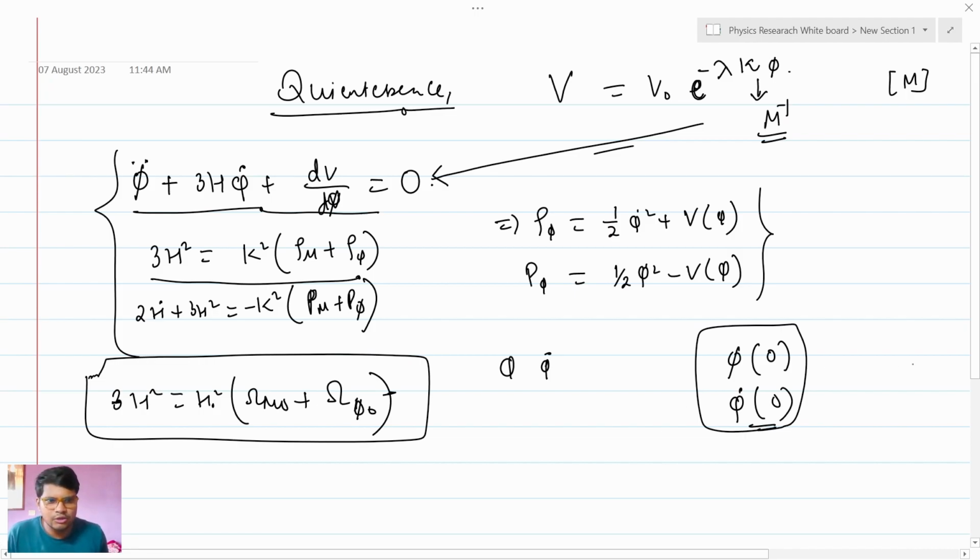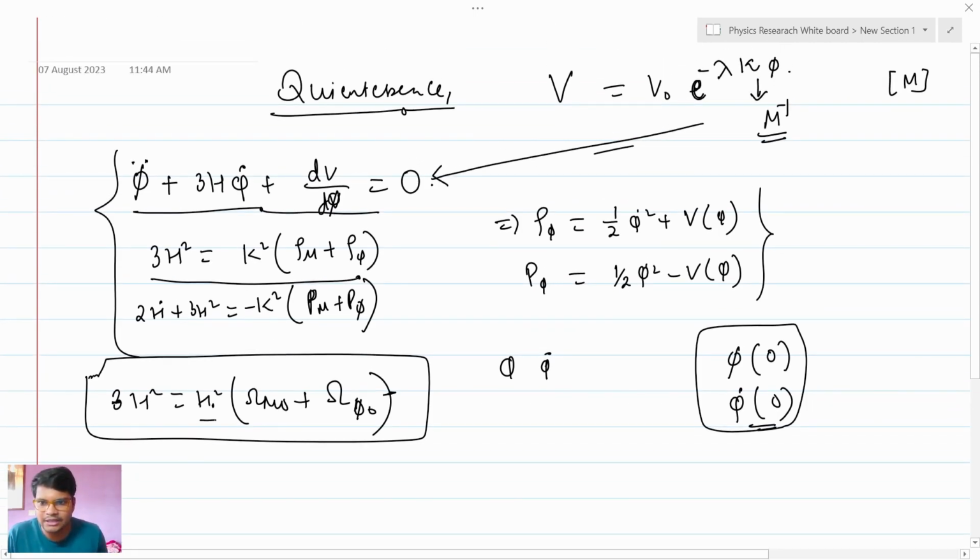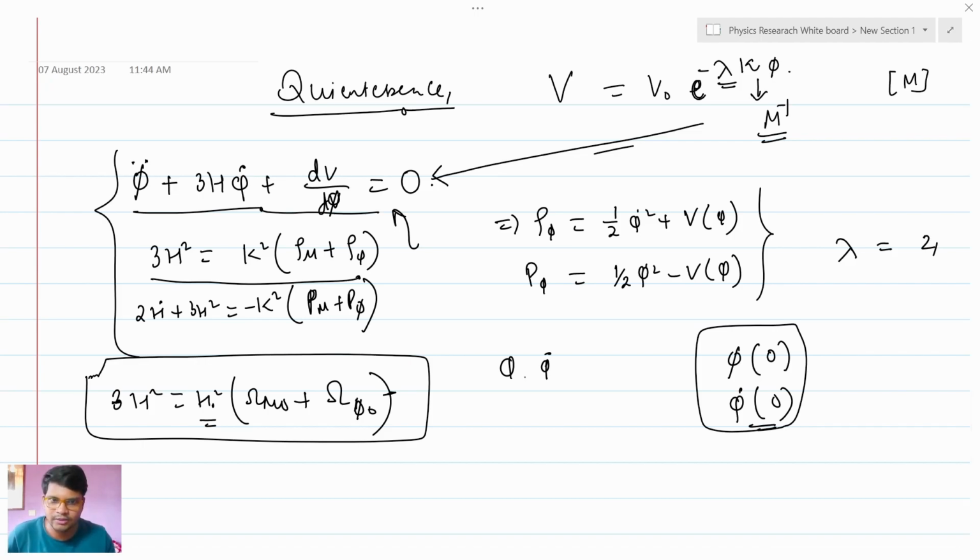So the problem, when you are working with the differential equation, is that if your initial condition is not well aligned, then it's a problem. And again, we are sampling omega m0 as well as lambda. As I have already shown you, if you predict lambda to be 1 and 2, it happens that this differential equation won't run and will give you something bizarre, and things can go out of hand.